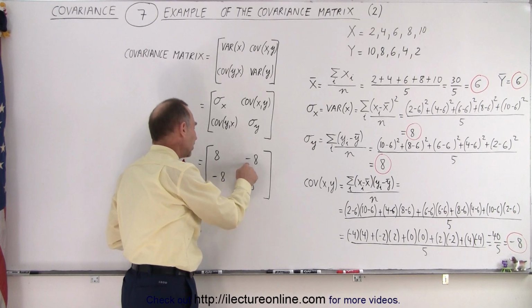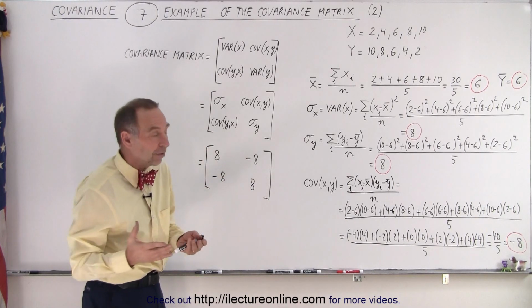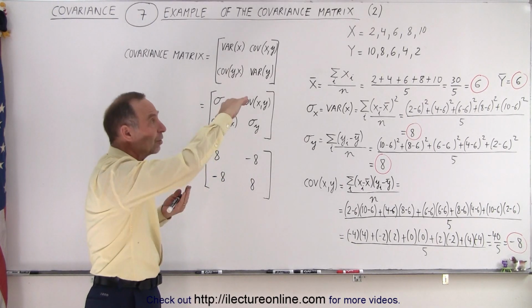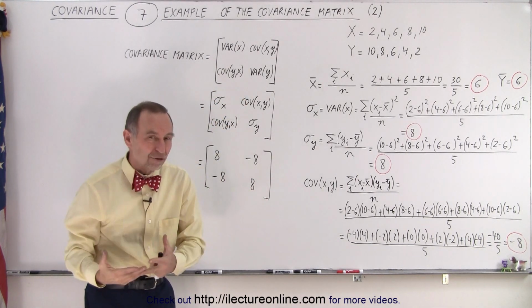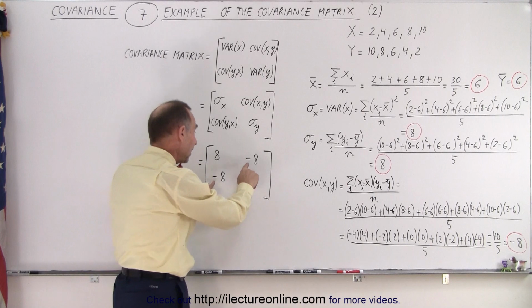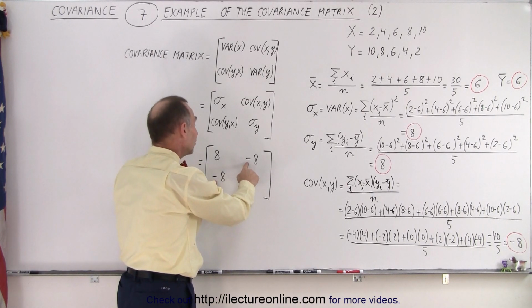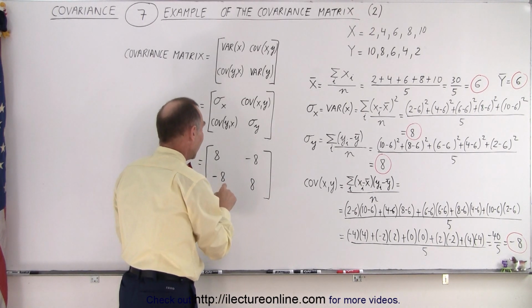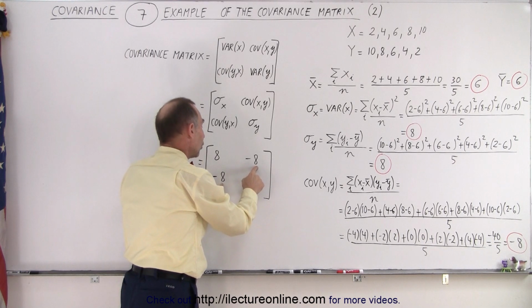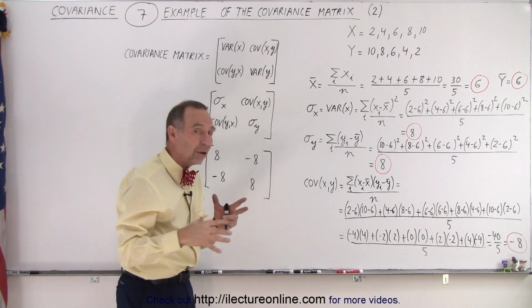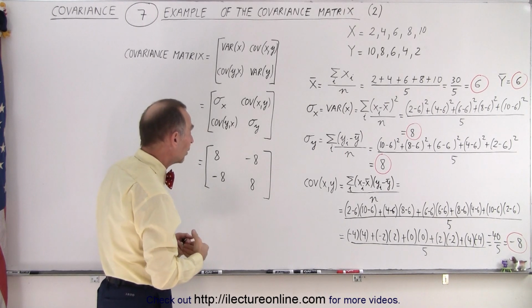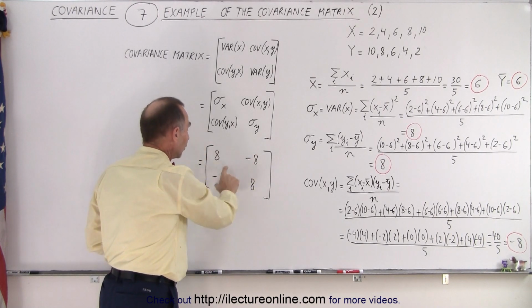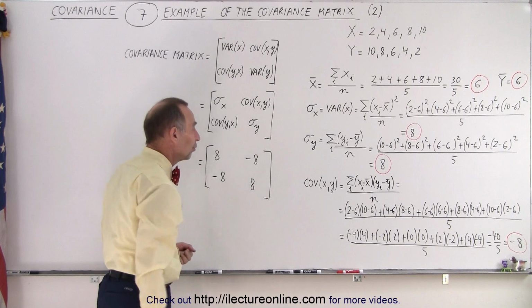But what does the negative represent? Well, the negative represents that if one data set increases and the other set decreases, you'll end up with a negative covariance. So this indicates that one will be increasing and the other data set is decreasing. And the fact that the magnitude of the covariance is 8 means that very likely the numbers are the same or very similar to one another, because the magnitude of the covariance is the same as the magnitude of the variances.